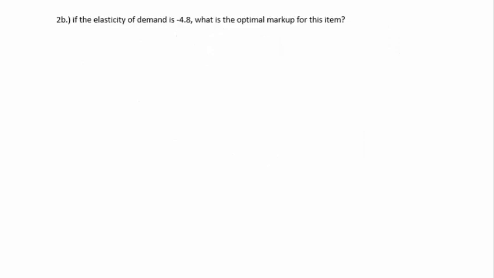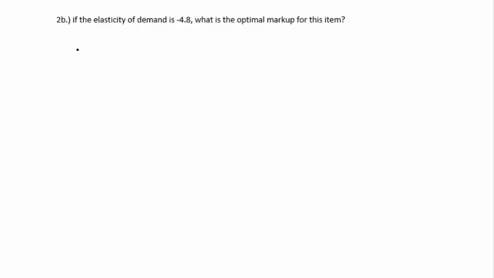Now for part B, if the elasticity of demand is negative 4.8, what is the optimal markup for this item? Now we want to find an optimal markup that will lead to a price that will lead to the highest profit we can achieve.